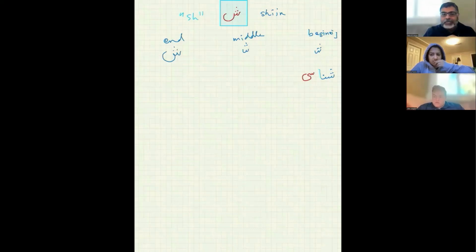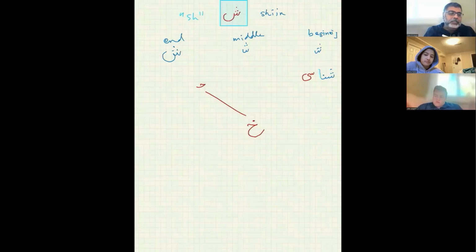Let's do an easy word and end this class because I'm worried about the Apple situation here. So when it shows up at the end, let's do the word khamosh. So khe. This is our standalone form. And then I need an alif for kha. And khe comes with a dot, right? So here's the dot. That's our khe.